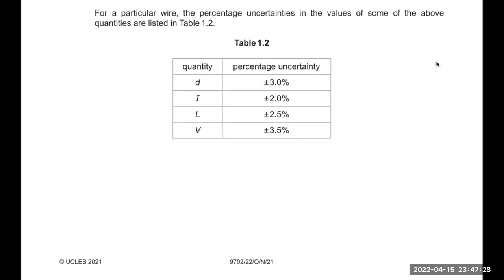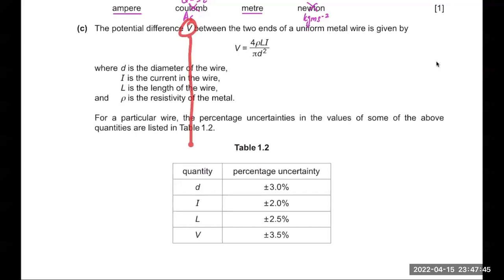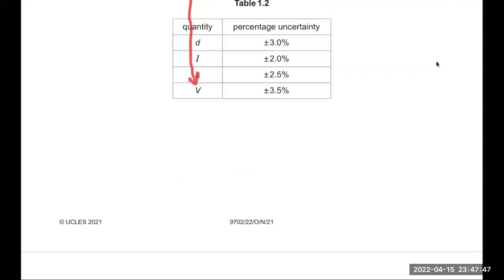So you've got the diameter and its uncertainty, the current along with its uncertainty, length along with its percentage uncertainty, and V with its percentage uncertainty.